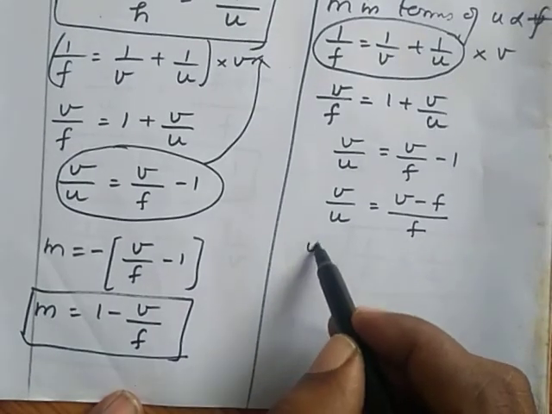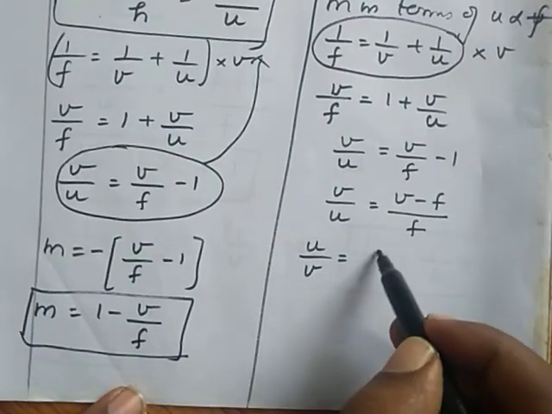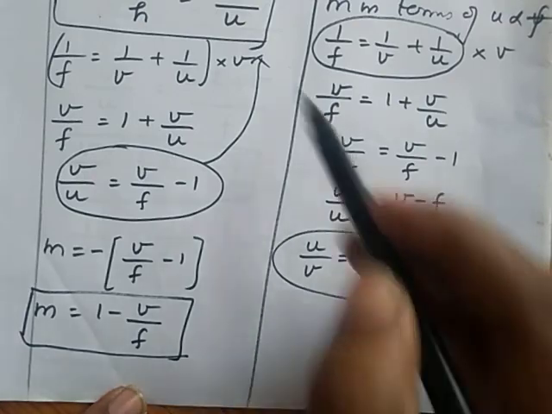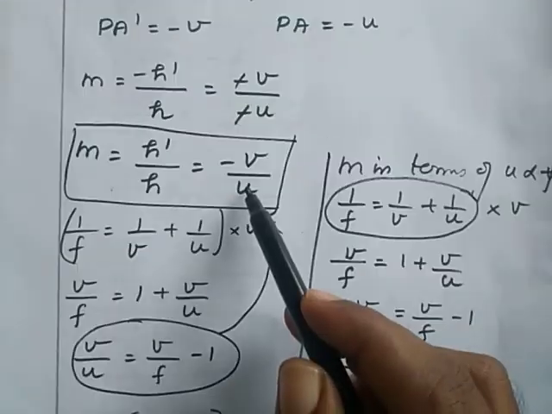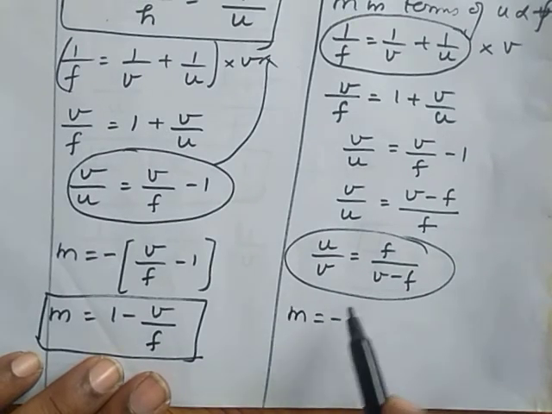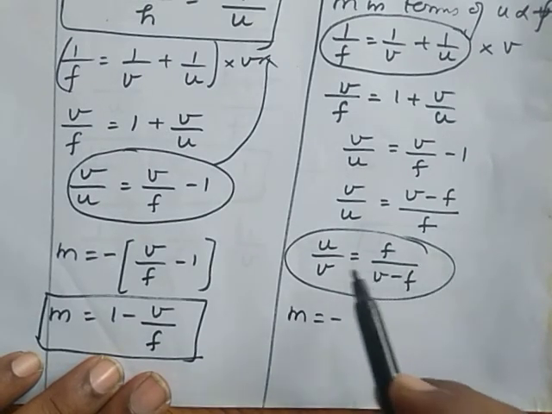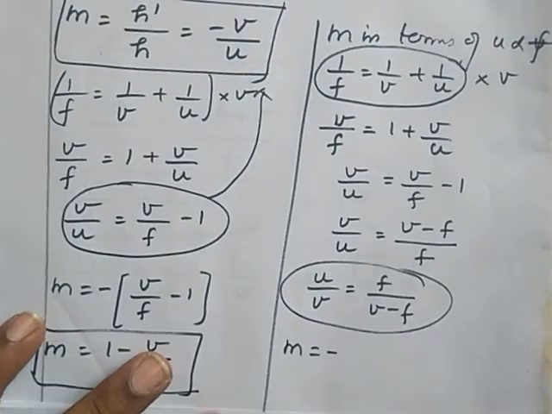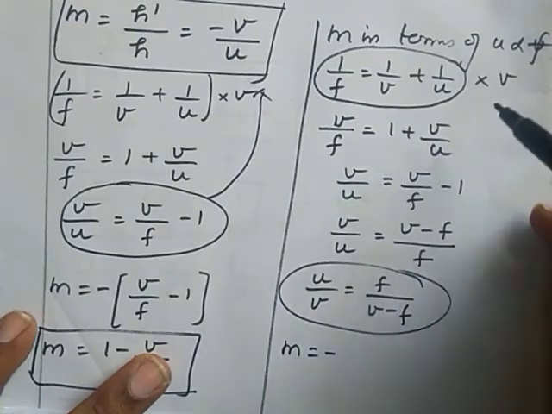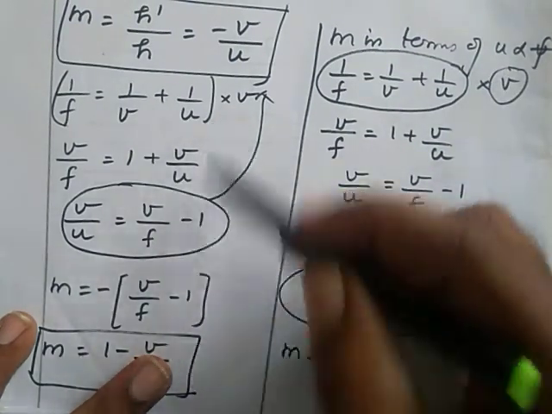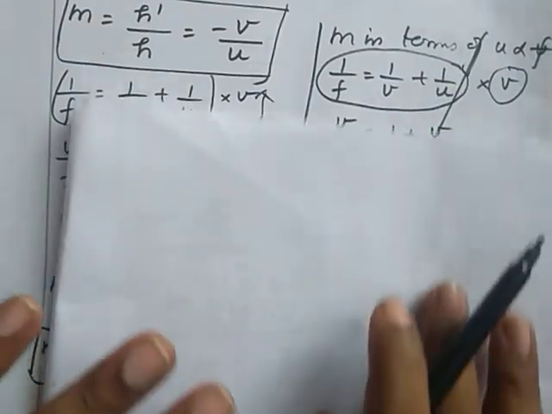On reciprocating it we get u by v is equal to f by v minus f. Substitute in this expression. Sorry students, there is a little mistake, I multiplied with v. Give me a second, solve this one alone.